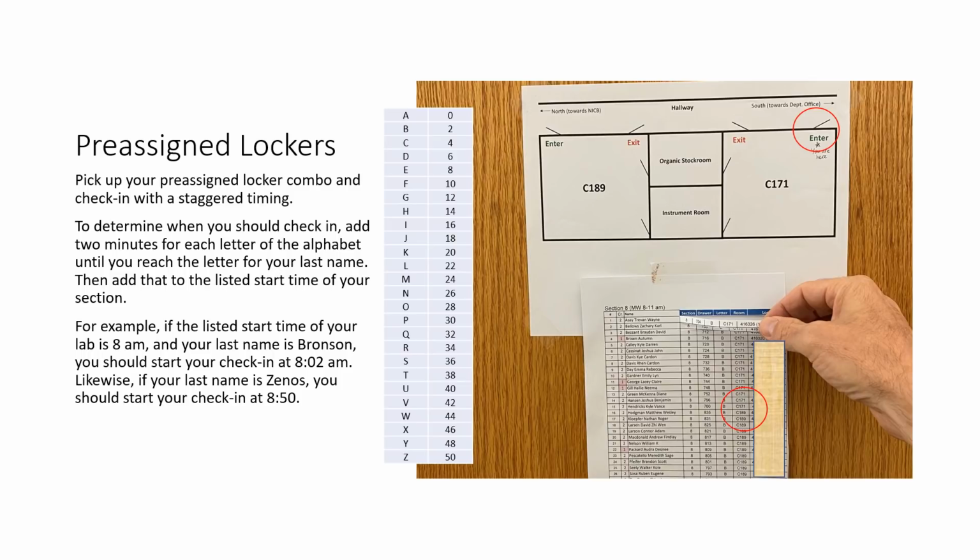And so the first set of students will just simply enter the lab in C171, but the bottom half will need to wander down the hall to the other entrance and enter C189 in order to find their drawer and start checking. So do not be confused by the fact that the locker combinations will only be located on one centralized door.